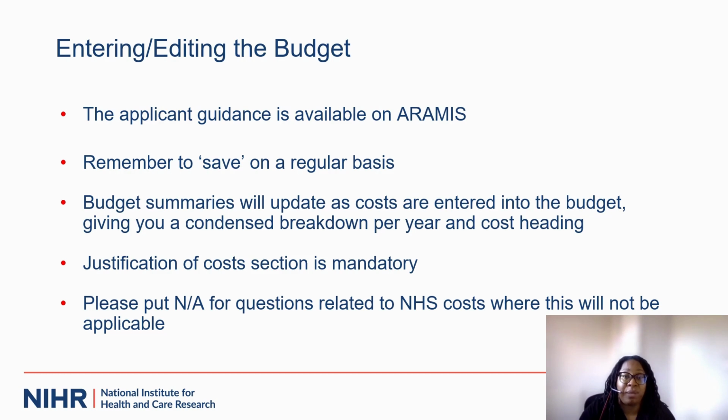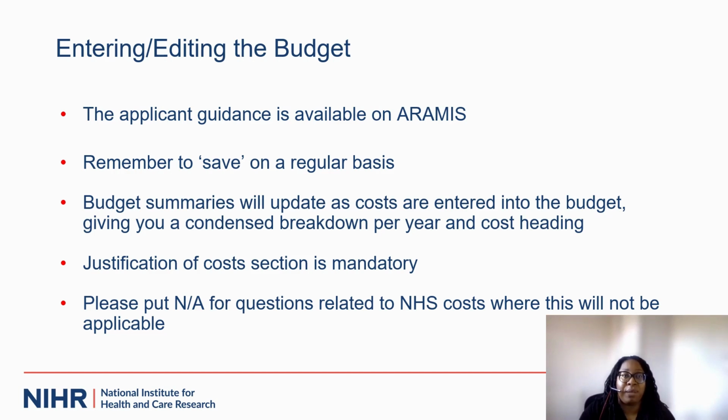There are budget summaries which will update as the costs are entered into the budget. It gives you a condensed breakdown per year and cost heading, so you can check as you're putting in the costs with a running total or summaries. And then there are sections where you have to justify the costs, and these are mandatory.